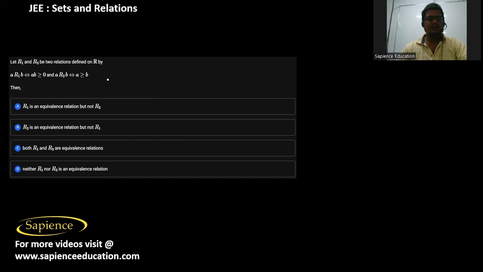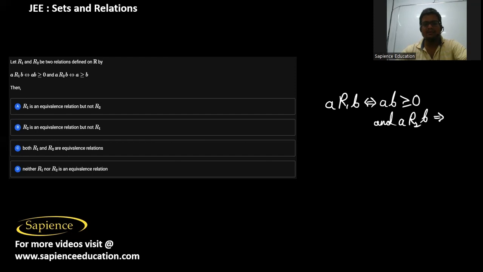Then here it is told, let R1 and R2 be two relations defined on the set of real numbers R, which is defined by A R1 B if AB is greater than or equal to 0, and A R2 B if A is greater than or equal to B. So here it is told that A is related to B under the relation R1 if AB is greater than or equal to 0, and A is related to B under the relation R2 if and only if A is greater than or equal to B. And this is applicable for all A, B belonging to the set of real numbers R. So then R1 is equivalence.